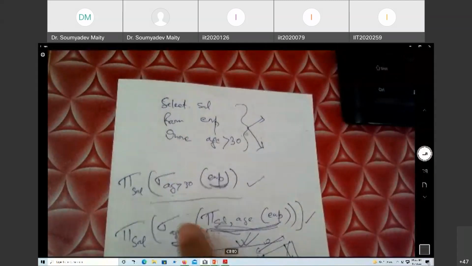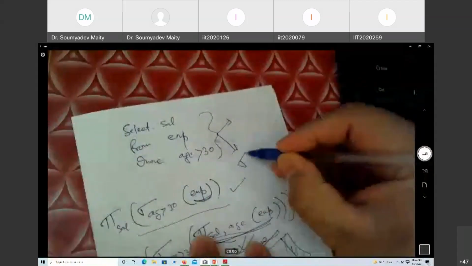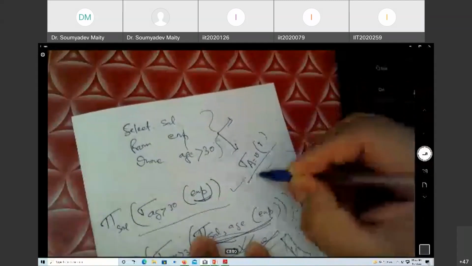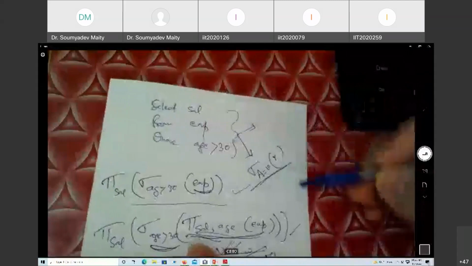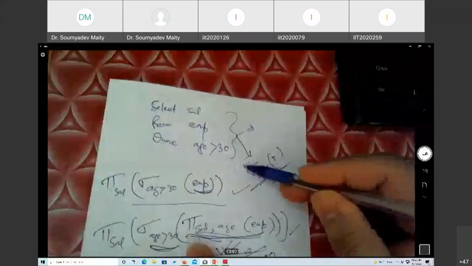For example, even if I consider the simplest one, suppose sigma A equal to V from R. R is a relation, A is an attribute on that R, and V is a value. How do you evaluate this?